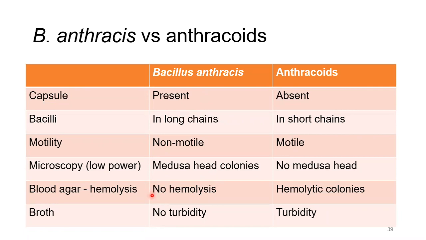We said bacillus anthracis is non-hemolytic, the rest cause beta hemolysis, and bacillus anthracis in broth does not cause turbidity, whereas the rest cause turbidity. Okay, anthracoids are basically all other bacilli that are not Bacillus anthracis.